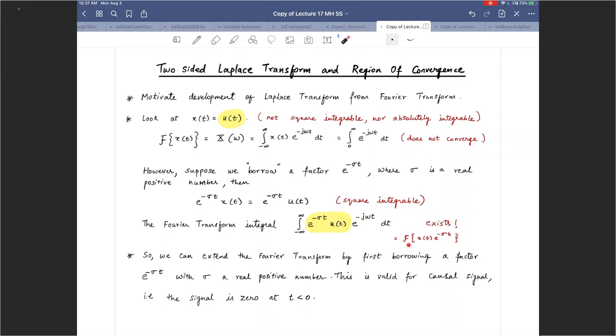Now, you might ask a very fair question here. Why did we choose only a real value for the exponential? Why didn't we choose sigma to be a complex number? The answer is, if we chose sigma to be a complex number, it would have some real part and some imaginary part.